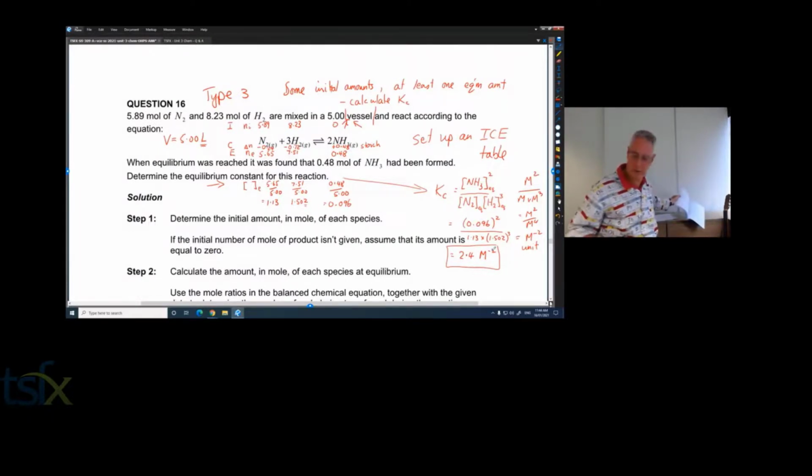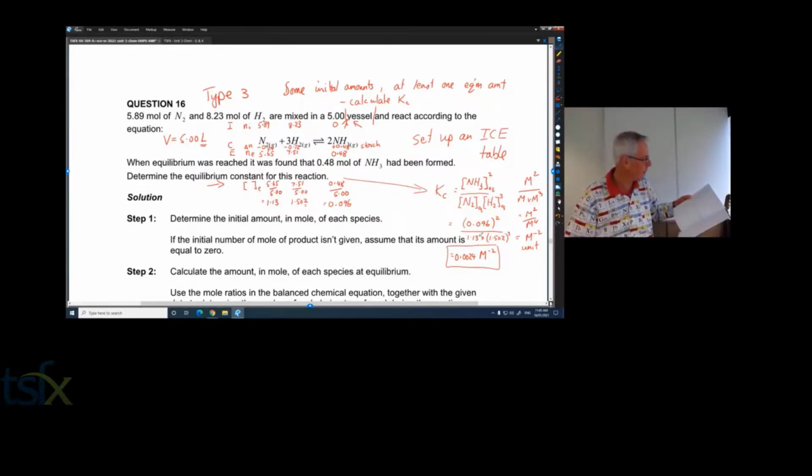Oh, I haven't read my calculator right. It would help if I didn't make a mistake reading my calculator. My calculator actually says times 10 to the minus 3. So that's 0.0024. Just as well I check the back of the book, isn't it?